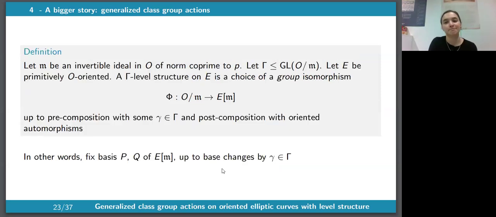Now, for our slightly more general definition of level structure, let's take gamma to be a subgroup of the general linear group of the quotient O over M. And a gamma level structure on E will be a choice of a group isomorphism from O over M to the M-kernel subgroup of E, up to precomposition with elements of gamma, and postcomposition with oriented automorphisms, which in other words means fixing a basis P, Q of E[M] up to base changes by gamma.